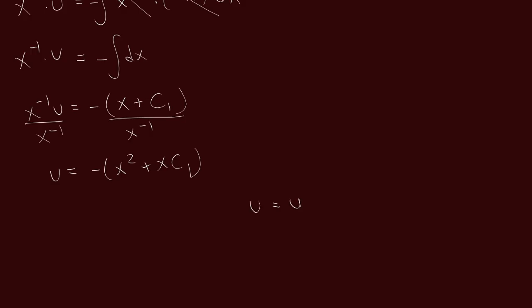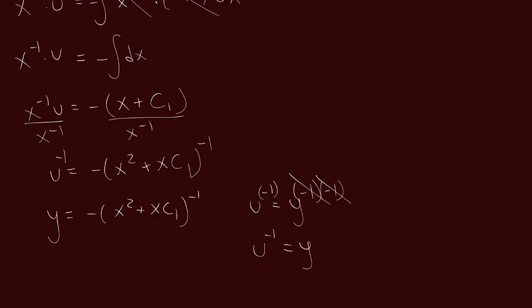So that means if we multiply this by minus 1, then we also have to multiply this by minus 1 as well. So this and this cancel out. So u to the power of minus 1 is equal to y. So take this to the power of minus 1. Okay? And now you solve for y.